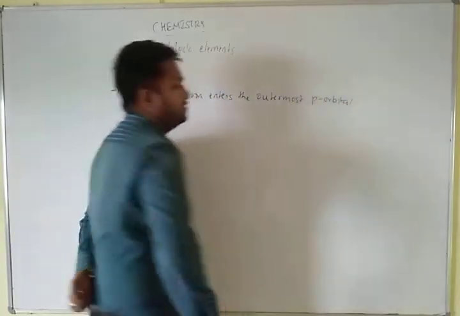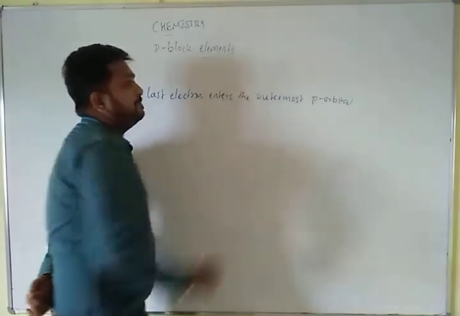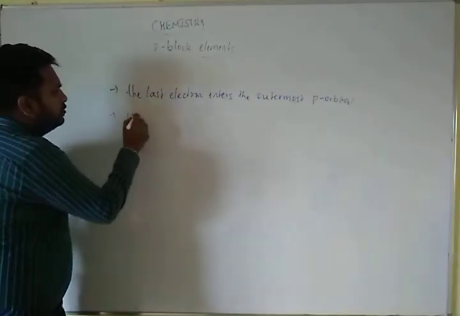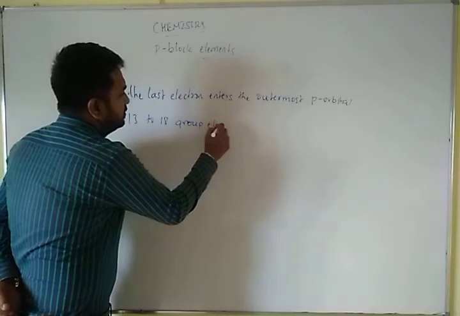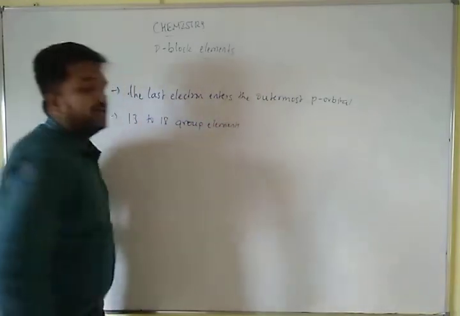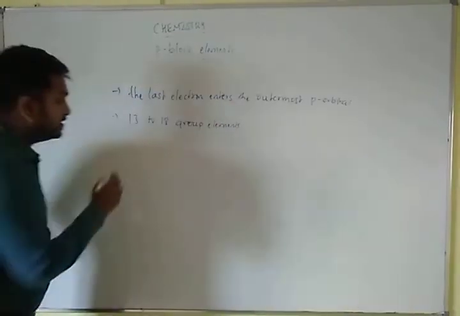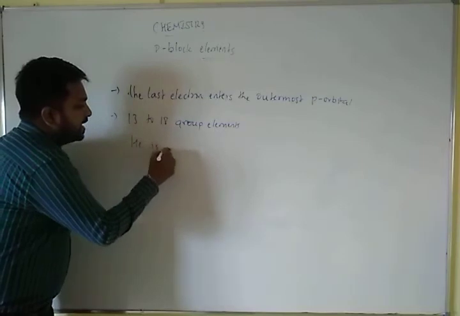Clear? Those elements in which the last electron enters the outermost p orbital, we call P block elements. For example, group 13 to group 18 elements are P block elements, but there is one exception, that is helium.